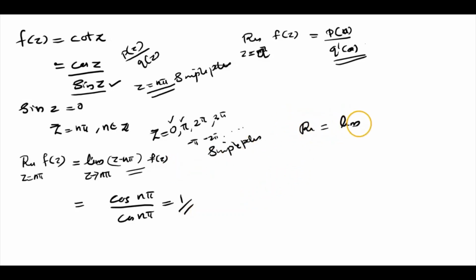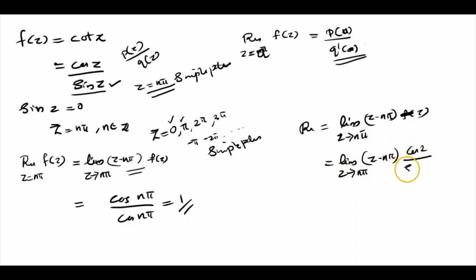Or we can calculate using this. The residue is the limit as z tends to nπ of (z - nπ) into f(z). That means the limit as z tends to nπ of (z - nπ) into cos z by sin z. Now putting z = nπ, we get 0 divided by 0. This is the 0 by 0 form. So use L'Hospital's rule, means differentiate the numerator and the denominator.